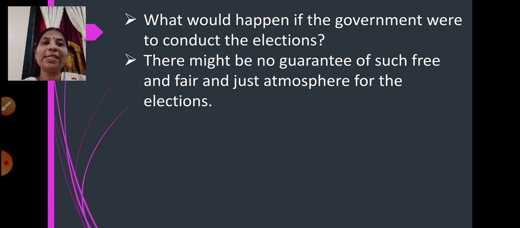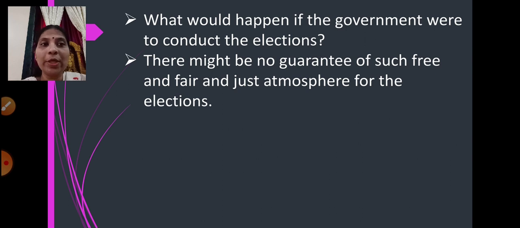Okay, so after 6 months, suppose elections are going to be held. So if the government over there conducts the election, what will happen? They will try all means for their own political party to win the elections and form the government, isn't it? So over there, what will happen? There will not be an atmosphere which is free, fair and just.